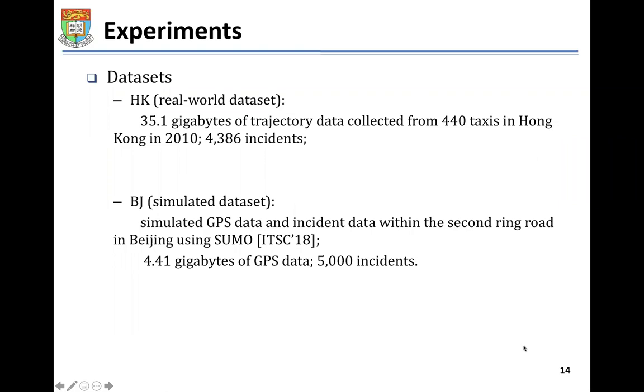The second dataset is a simulated dataset from Beijing. We simulated GPS data and incident data within the second ring road in Beijing using the simulation software SUMO. We simulated over 4 gigabytes of GPS data and 5,000 incidents.